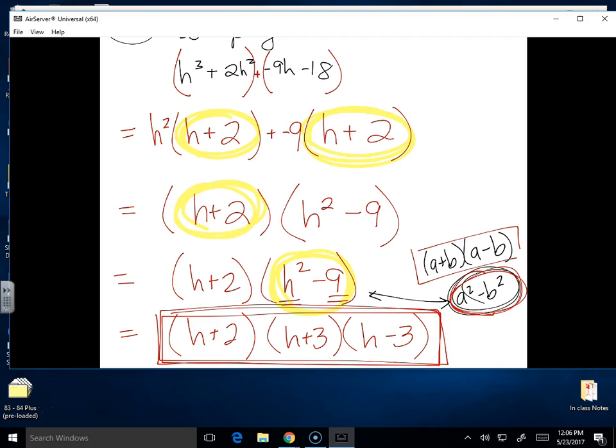F-O. What's O stand for? Outer, which is going to be negative 3h. Keep spelling foil. Inner. Inner is going to be plus 3h. Last is negative 9. What happens to these two?